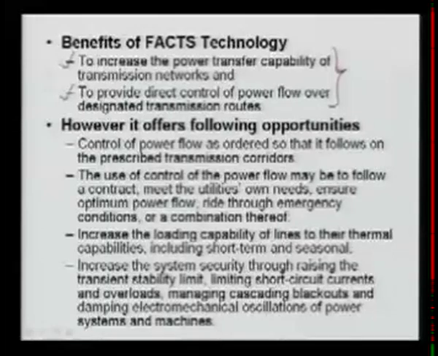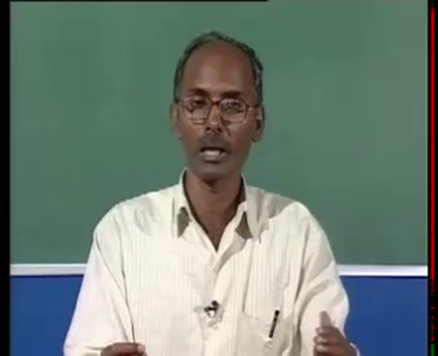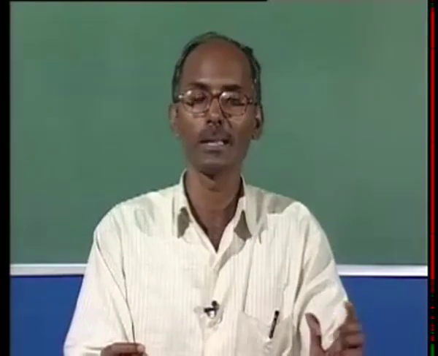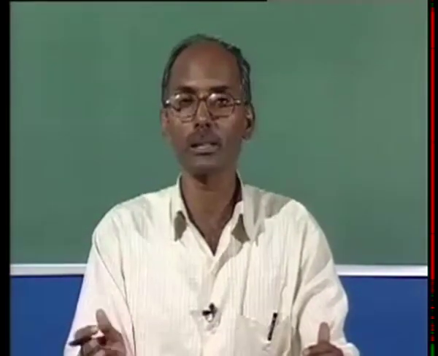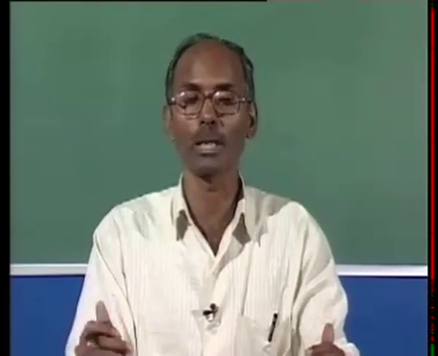Based on that, we have various opportunities. The first one is that it can control the power flow as ordered, so that it follows the prescribed transmission corridors. Means we can control the power in some lines so that it meets the requirement of the specified power flow in certain corridors, a set of lines, maybe one line, two lines, and so on.